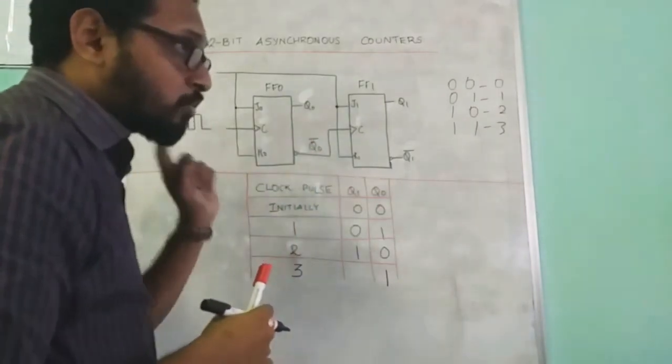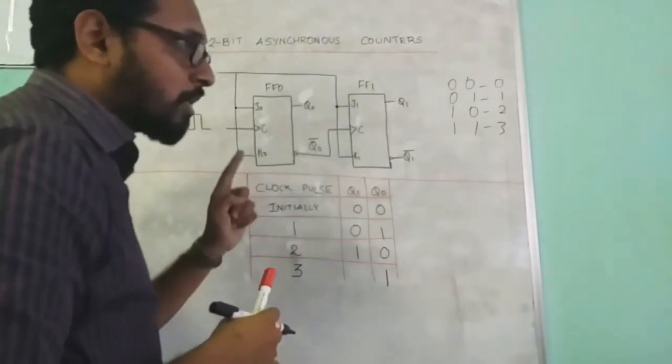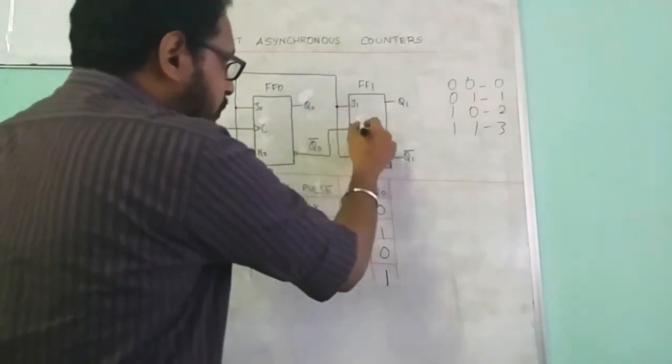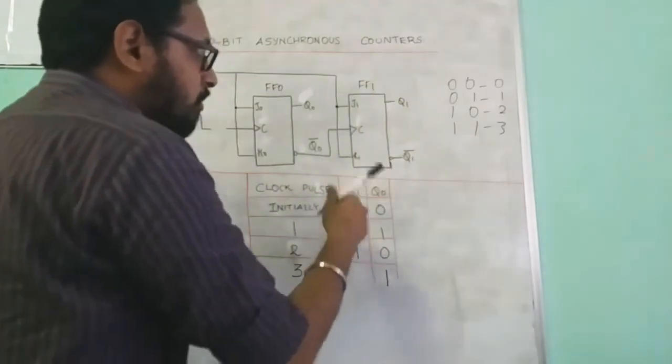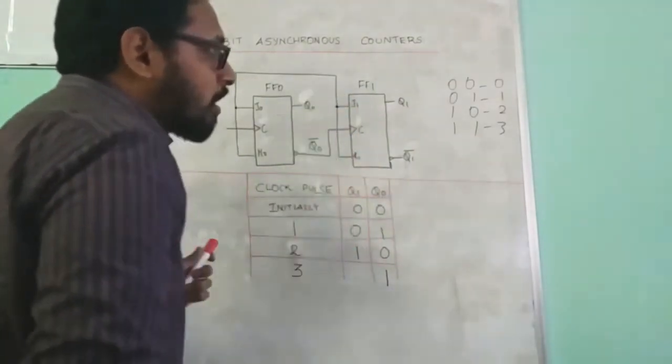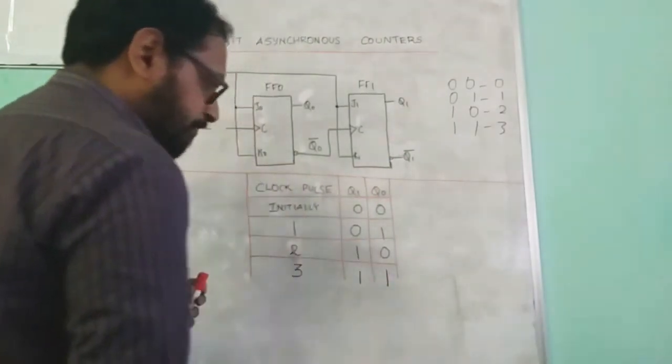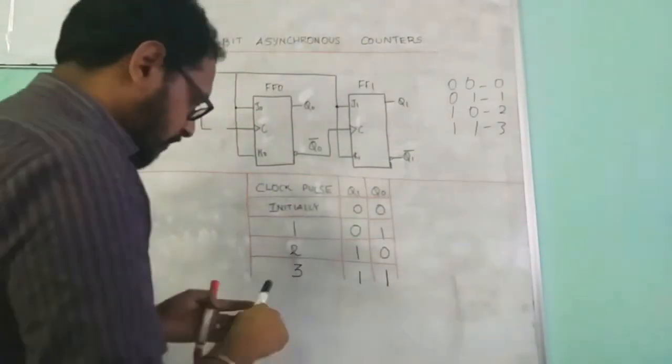If Q0 is 1, then what will be the value of Q0 bar? It will be 0. 0 will be propagated to this as clock. 0 has no effect on flip flop 1. So we retain the value of Q1, that is 1. Clear?